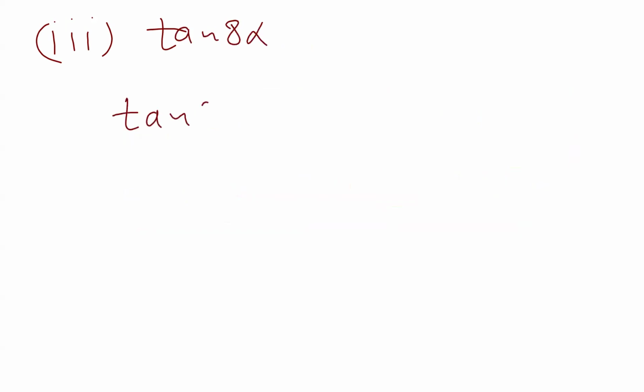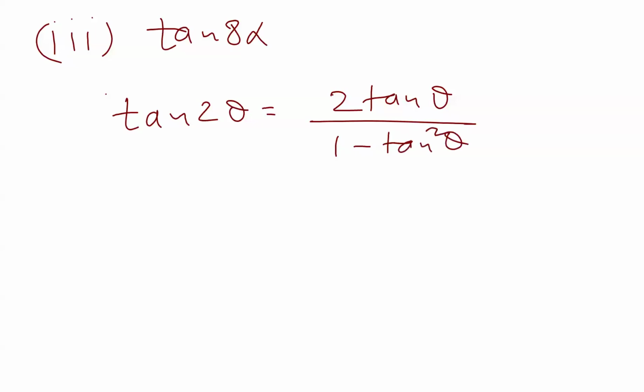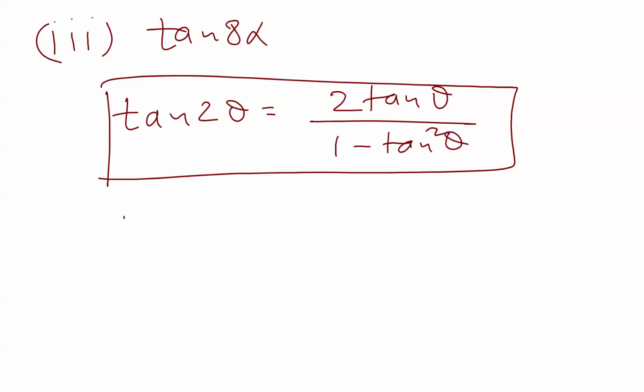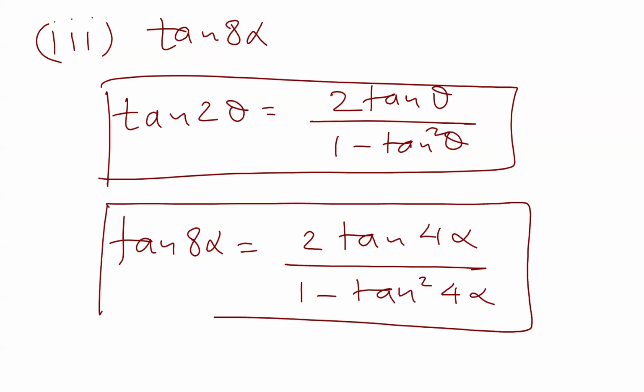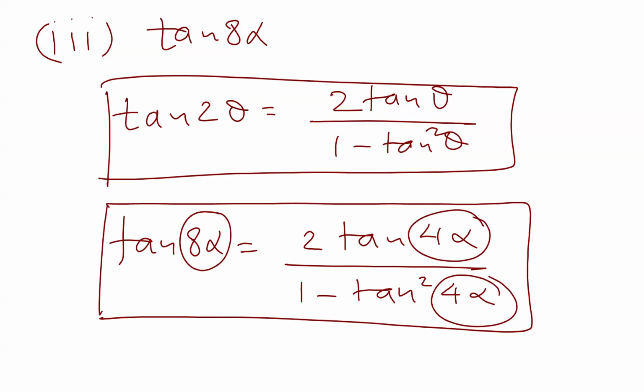Tan 2 theta is equal to 2 tan theta upon 1 minus tan square theta. This is the basic formula. Now instead of 2 theta, I'll just write 8 alpha over here. So this will be 2 tan 4 alpha upon 1 minus tan square 4 alpha, right? 8 alpha gets converted into 4 alpha. Fine.